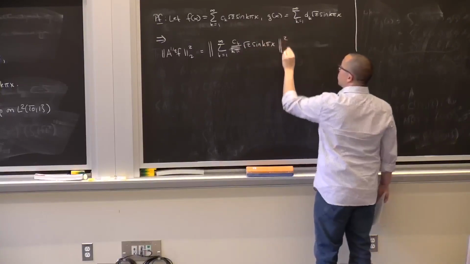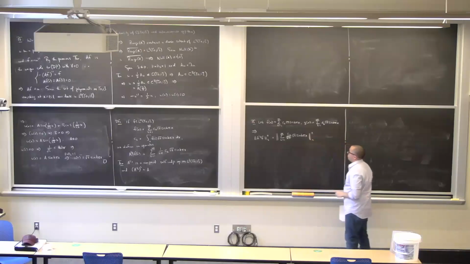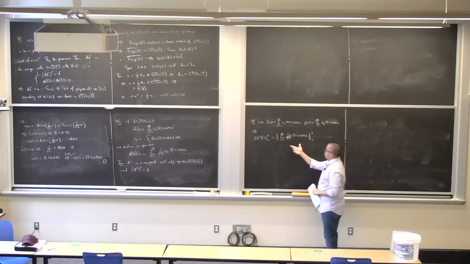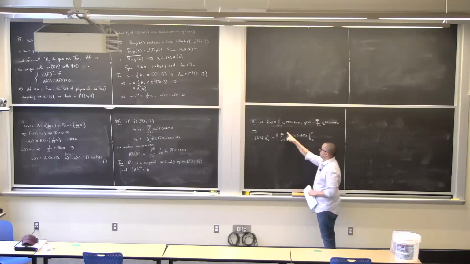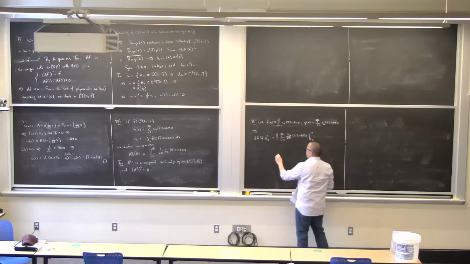The L2 norm of a function given by this Fourier expansion is just the sum of the squares of the coefficients appearing in front of the square root of 2 times sine k pi x.